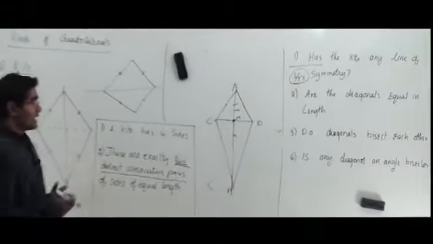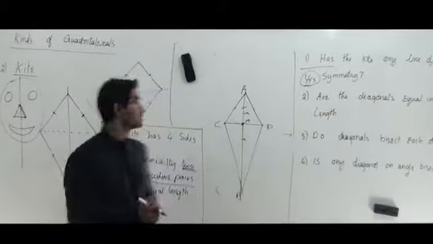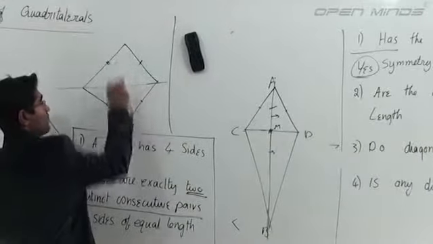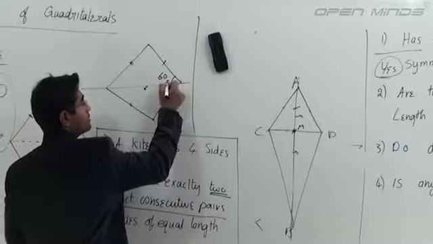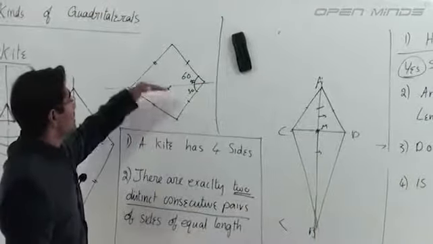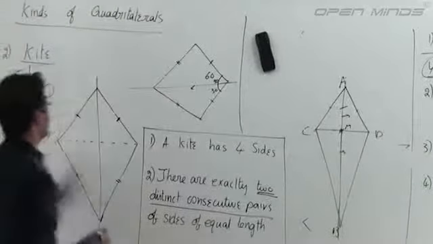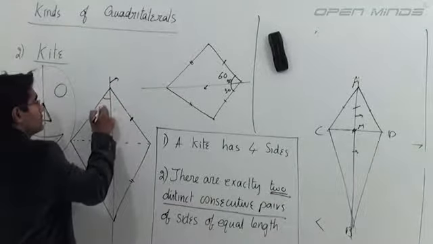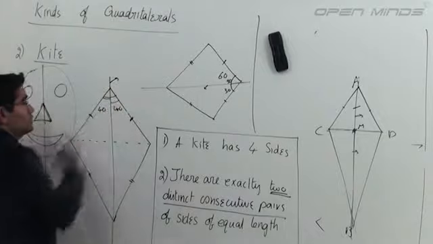Is any diagonal an angle bisector? What exactly is an angle bisector? Take the same diagonal which divides the kite symmetrically. If this whole angle is 60 degrees, it divides it into 30 and 30. If this angle is 40, this will also be 40, dividing the whole angle of 80 into two halves.